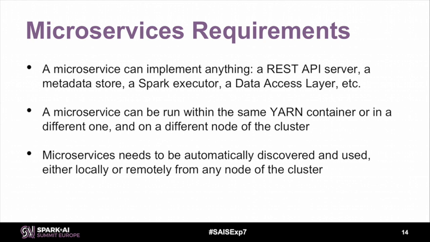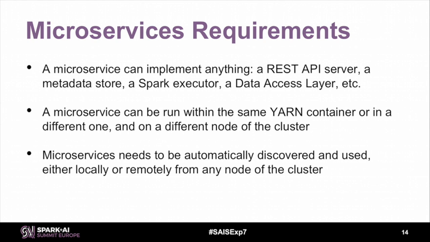The other requirement, obviously, when you start designing this is that microservices need to be auto-discovered. So we have 5 or 6 YARN containers. One of the microservices in the container is actually a Spark session.